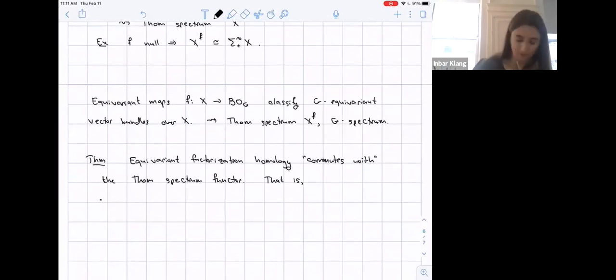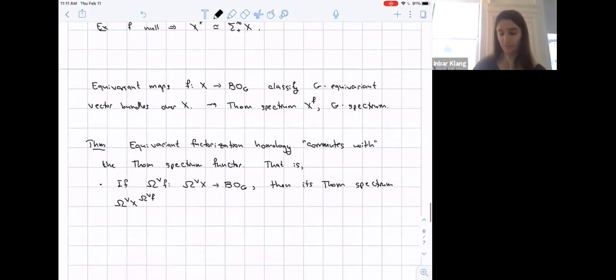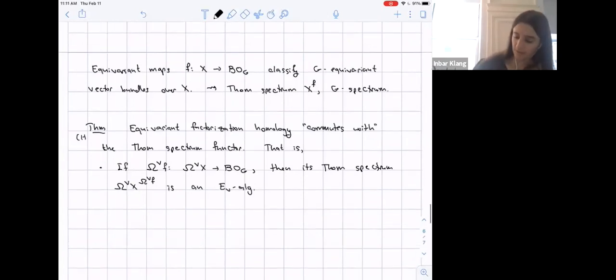For example, if you have a V-fold loop map from the V-fold loop space of X to BO, then its Thom spectrum, we'll denote this with this exponential notation, Ω^V X to Ω^V BO, is an E_V algebra. So maybe I'll say this is also from our paper.